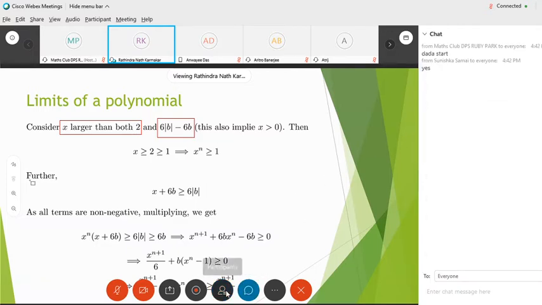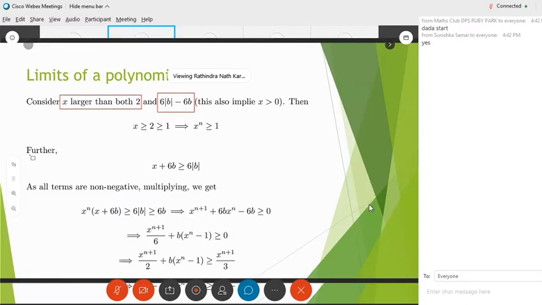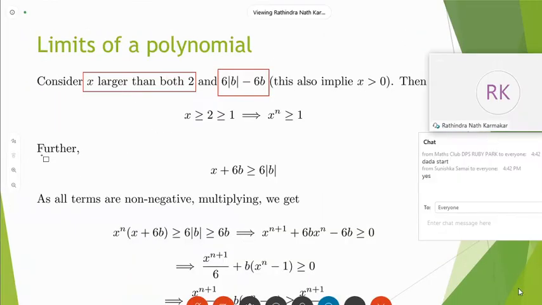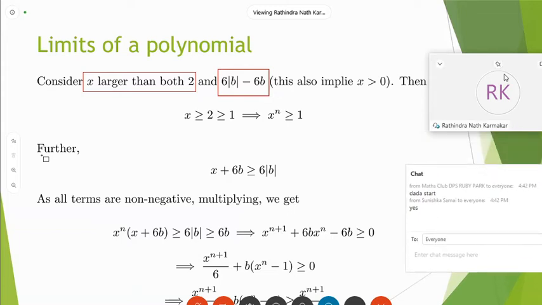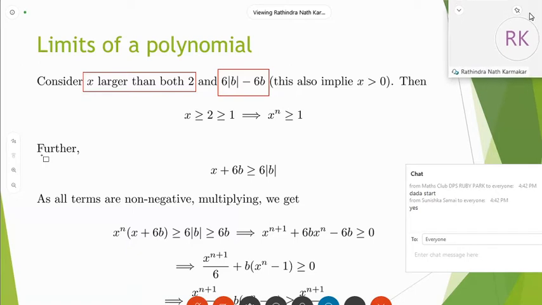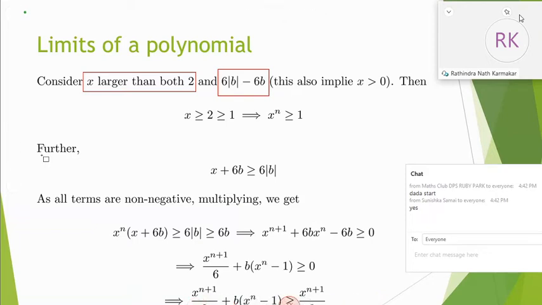So b is that real number which we had chosen earlier, smaller than all the a_i by ans. And 6 mod b minus 6b, all of you know what mod means. Mod is absolute value. That is, if b is positive or 0, then mod b is equal to b. If b is negative, then mod b is equal to minus b. So x larger than both 2 and 6 mod b minus 6b. Why we chose this peculiar number, that we will see very soon.